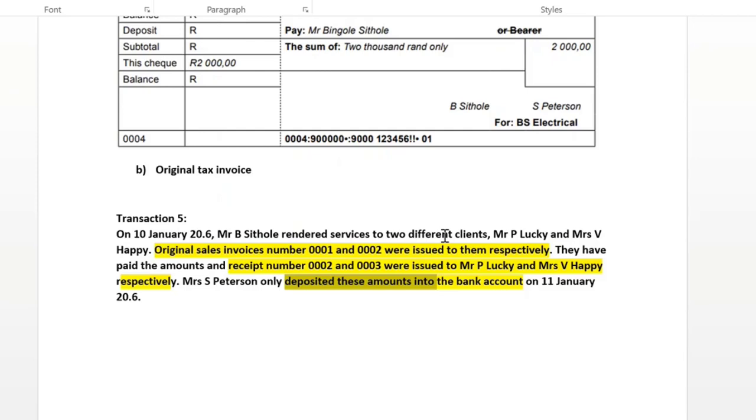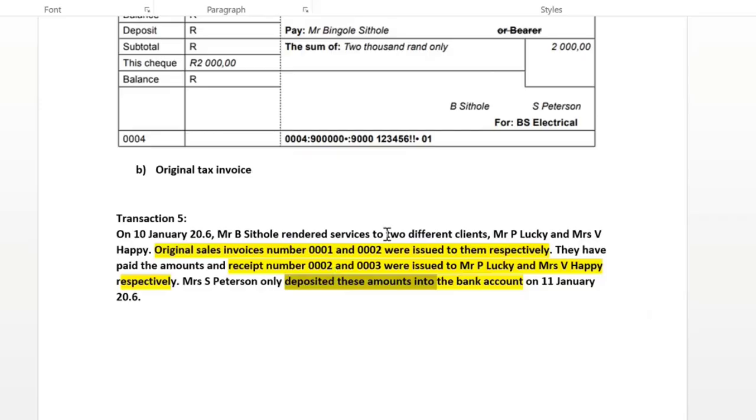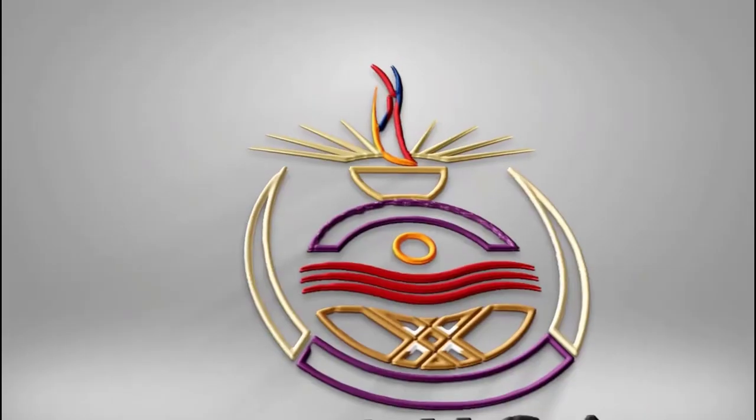What are you left with for you to record in the books of prime entry? Guys, basically this is source documents and VAT.